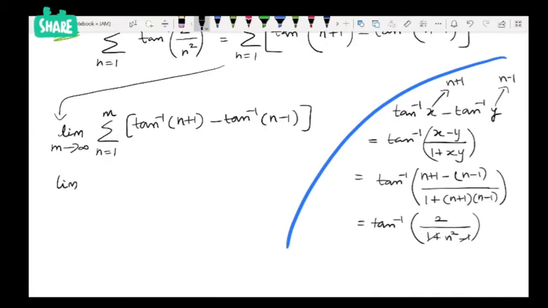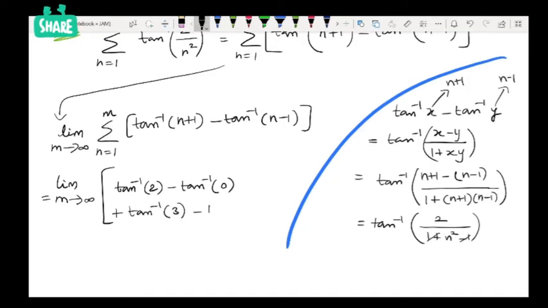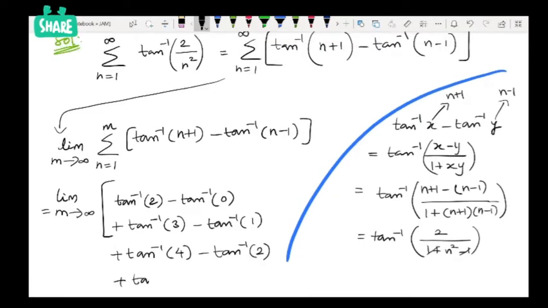For n equal to 1, we have tan inverse of 2 minus tan inverse of 0, plus for n equal to 2, tan inverse of 3 minus tan inverse of 1. Again, the next term is tan inverse of 4 minus tan inverse of 2. The next term is tan inverse of 5 minus tan inverse of 3.